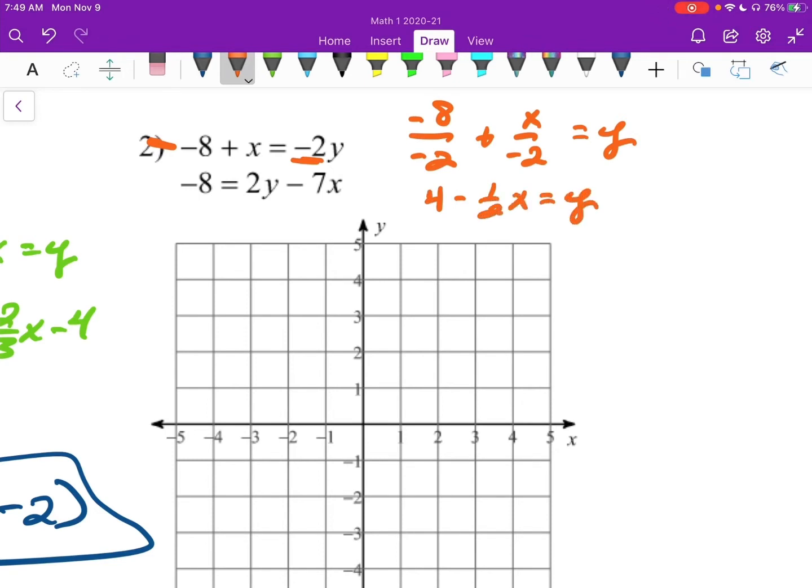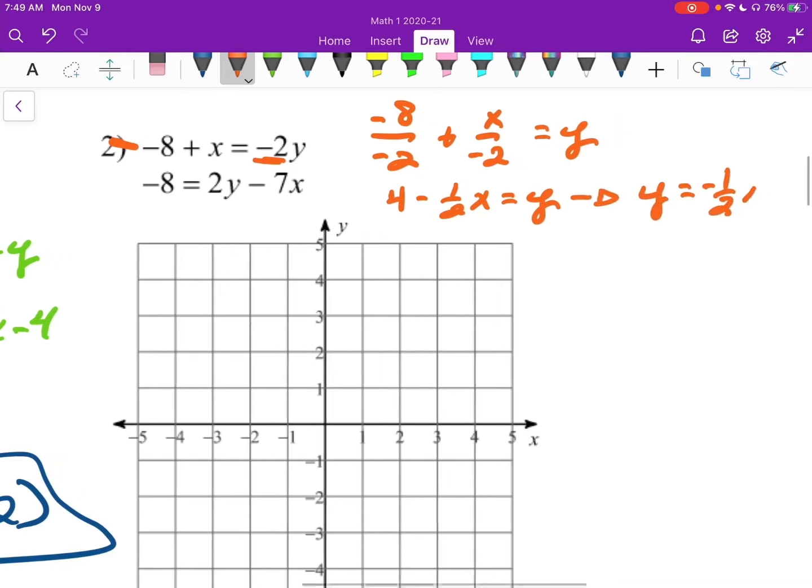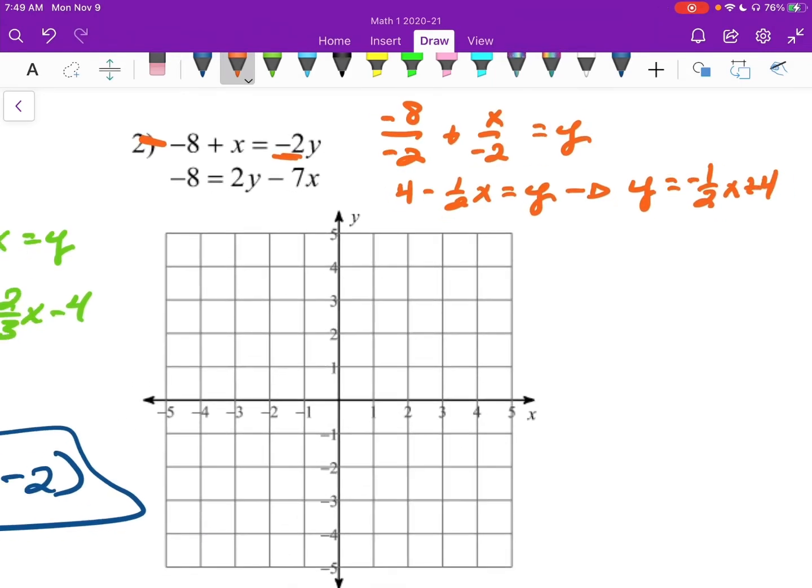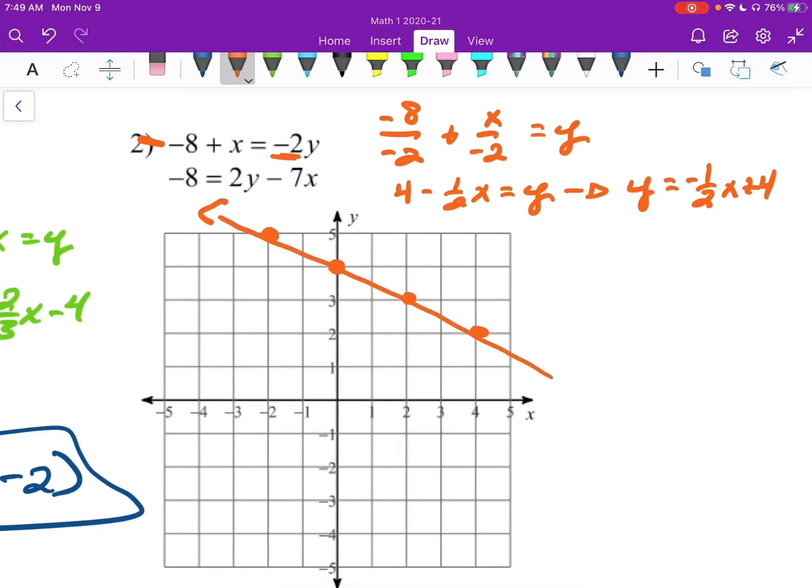Or I could rearrange that and say, well, y equals -1/2 x plus 4, right? So my intercept is at +4. My slope is down 1 over 2, down 1 over 2. Or I could go up 1 and left 2. All right.